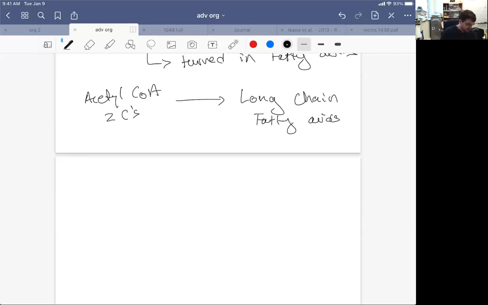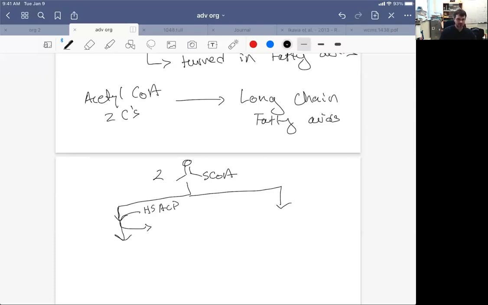Well, it's outlined in the textbook very nicely, but we're going to take 2 acetyl CoAs. We're going to bifurcate each of these 2. But we're going to tie them together, but we're bifurcating them. First, we are going to do a trans-thioesterification where we just swap the thioester group on one side. And so instead of being attached to CoA, we're now at an acyl carrier protein, which is that thing that's assembled to the enzyme, or at least it transfers us to the sulfur that's on the enzyme.